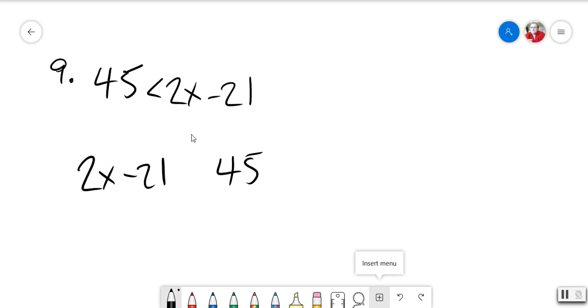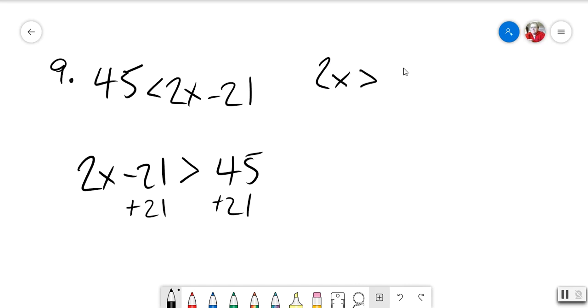The alligator wants to eat 2x minus 21, so it still wants to eat 2x minus 21. It turns the other way. Now, SAM again. I add my 21 to both sides, so that means I've got 2x is greater than 66. I divide by 2. Kabang. Better with sound effects. 66 over 2 is 33.